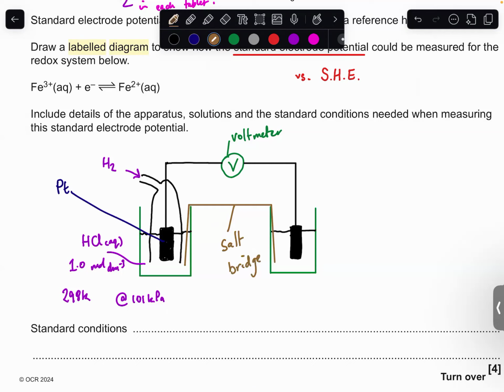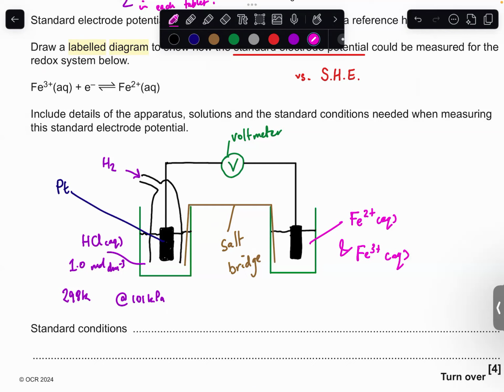And the other half cell is going to be of the redox system that's given in the question. And what we do here, we're going to have Fe2+ solution, could be iron 2 chloride, for example, and Fe3+ solution. This could be iron 3 chloride.